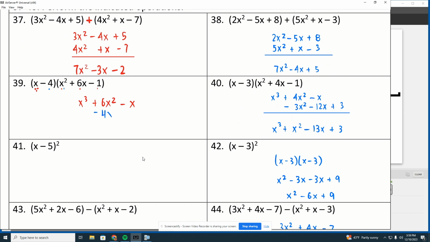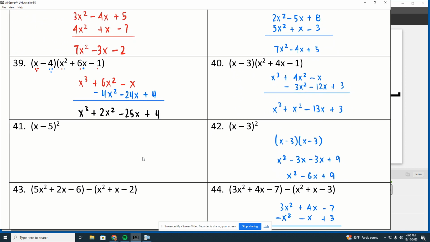Negative 4x squared. Negative 4 times positive 6x, negative 24x. Negative 4 times negative 1 is positive 4. So once I combine these, I will have my answer, and that is x cubed plus 2x squared minus 25x plus 4.